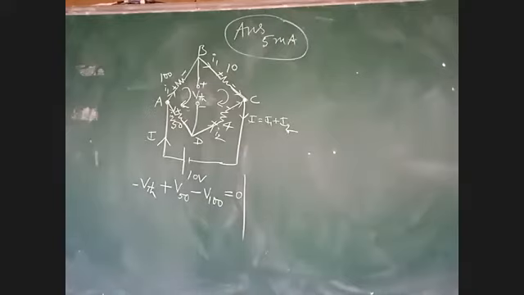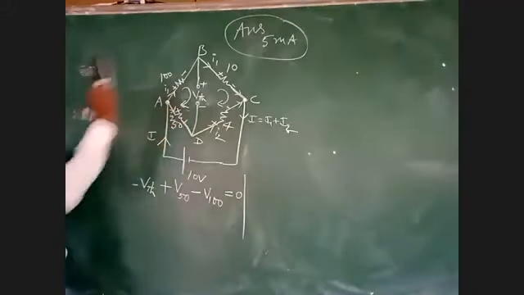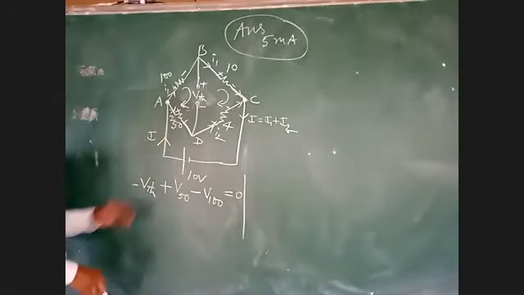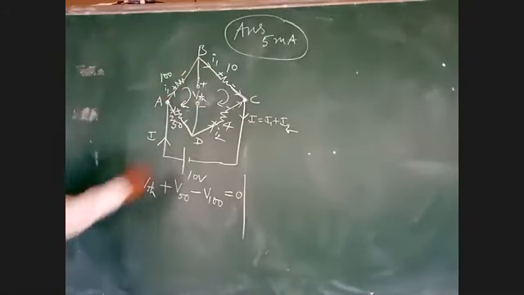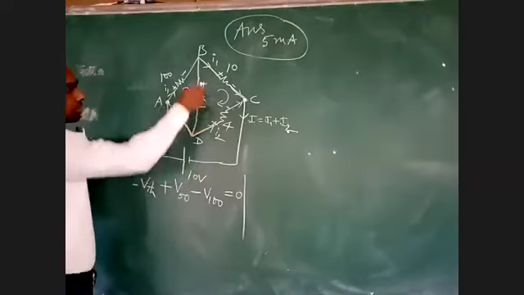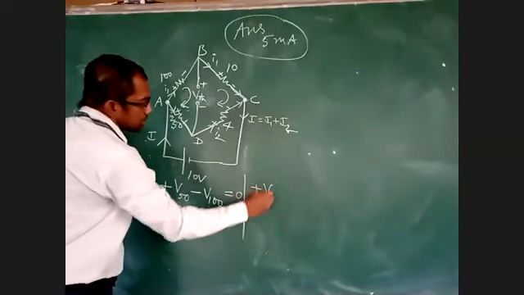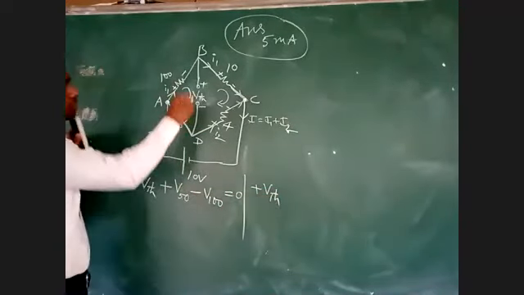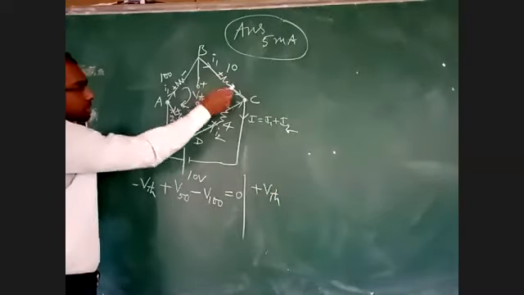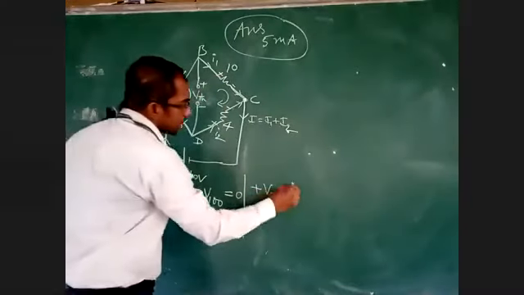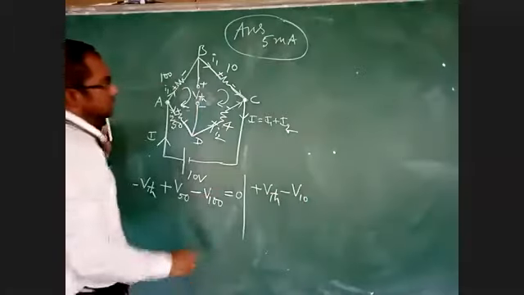We are adding all the voltages. How many are there? 1, 2, 3. Suppose if you take this loop, what will you get? Arrow is moving from minus to plus: plus VTH. Arrow is moving from plus to minus: minus voltage in 10 ohms.